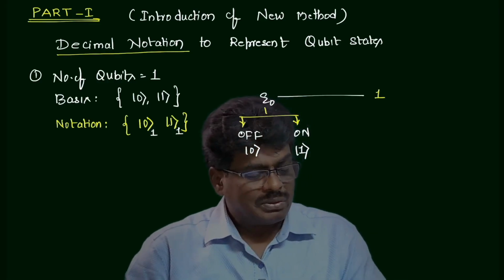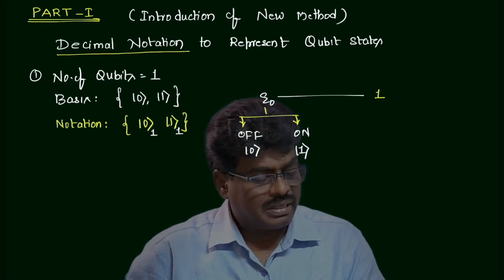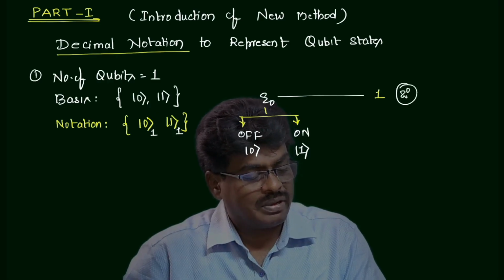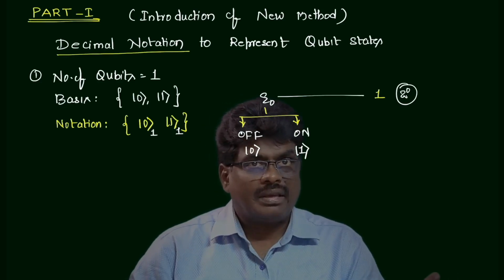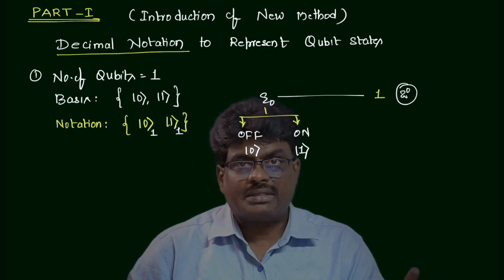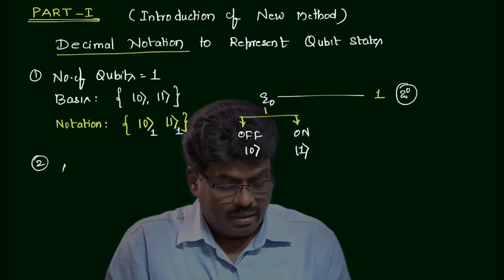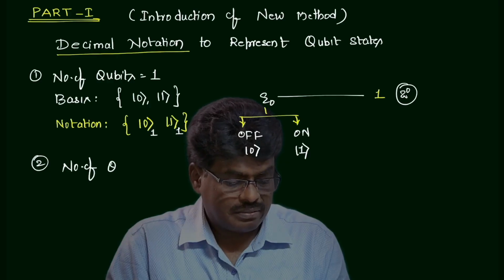Okay. So, and I will tell you how I got this idea. One, this is nothing but a 2 power 0 actually. Okay, so that 2 power 0 I have taken as a 1. And let us see the second one. Number of qubits.